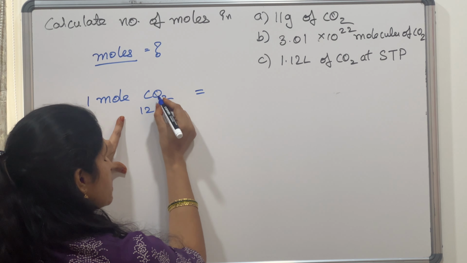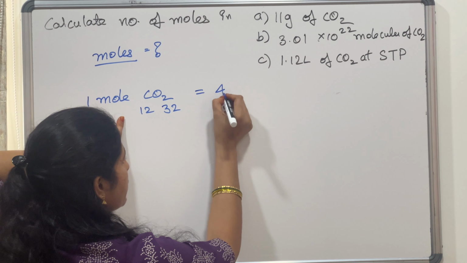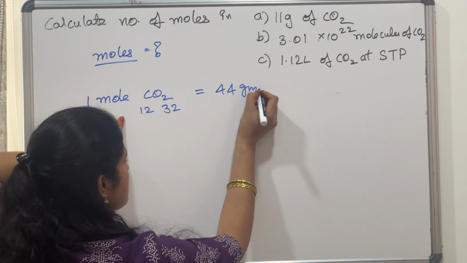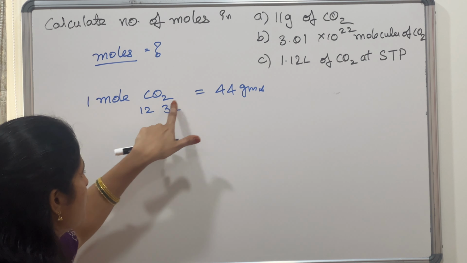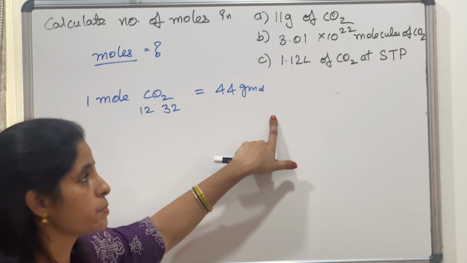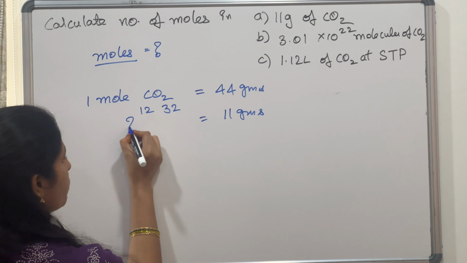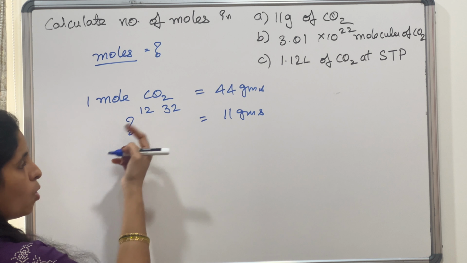Carbon 12, oxygen 16, 2 into 16 is 32. So altogether 44 grams. 1 mole of CO2 is equal to 44 grams. So 11 grams of CO2 contains how many moles?